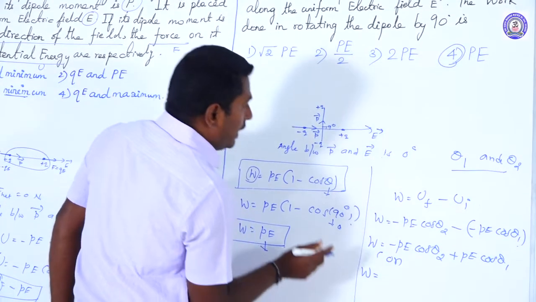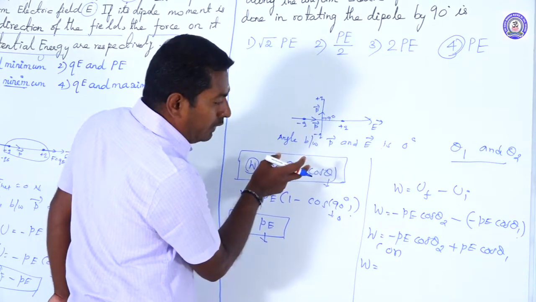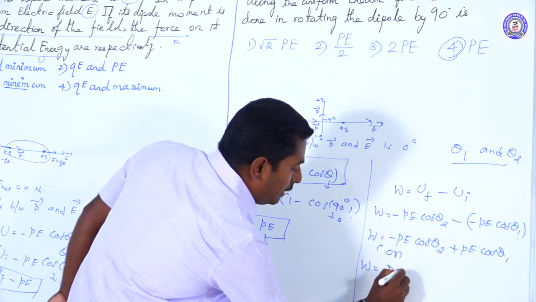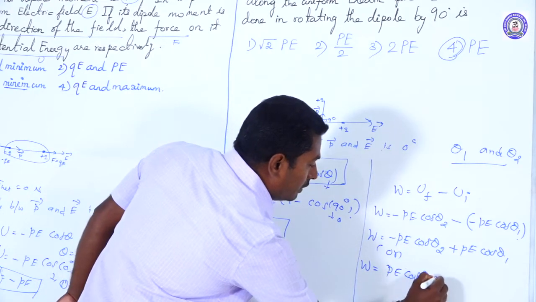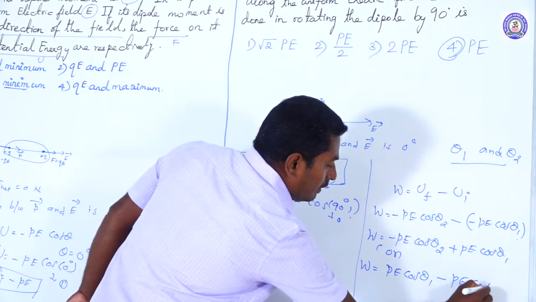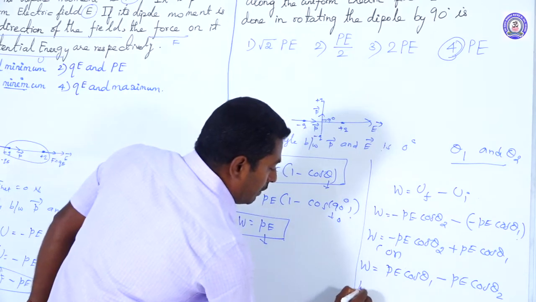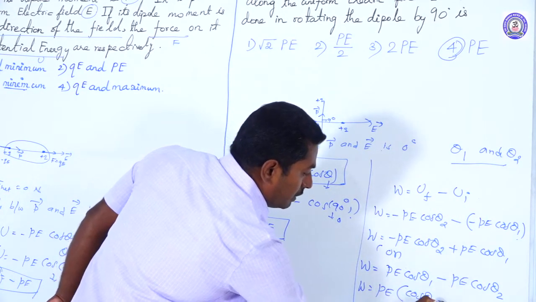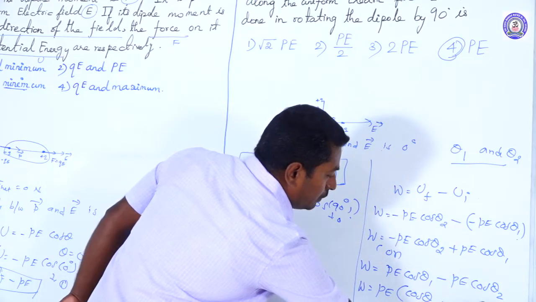The work done in rotating an electric dipole in a uniform electric field from one position to another is W equals pE cos theta 1 minus pE cos theta 2. So W is equal to pE, taking common, cos theta 1 minus cos theta 2.